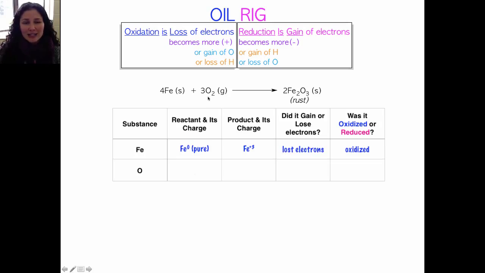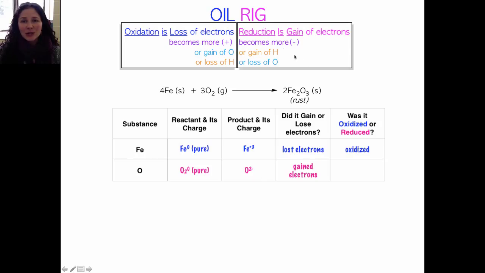The oxygen reactant started out as a 0 because it is a pure element, and in the ionic compound, it was a -2 charge, just like oxygen will always be in an ionic compound. I could read this directly off the periodic table, or I could infer it from the formula. Here we can see that oxygen has gone from a 0 to a -2, so it's become more negative.